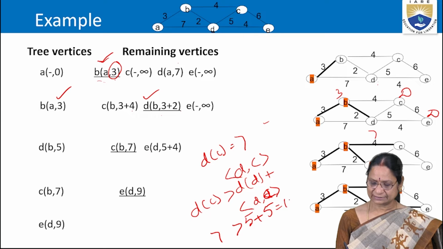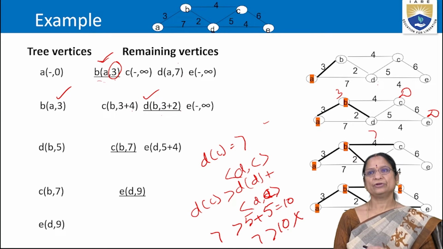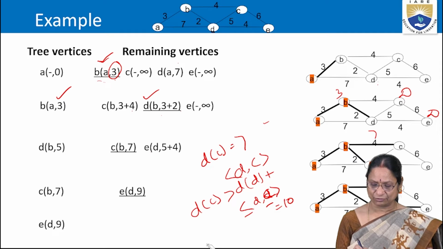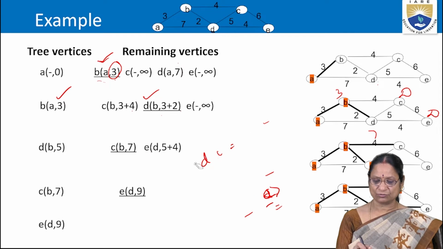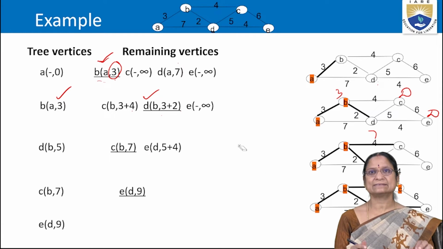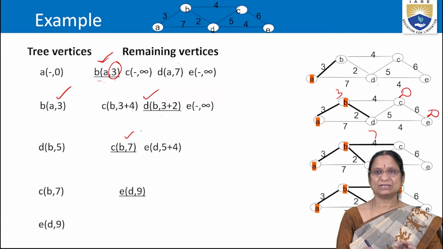So totally this is 10. Is 7 greater than 10? No. That means in the relaxation rule, the previous estimated value is better than the current estimation value through D we are reaching now. So we can consider this as remaining the previous one.